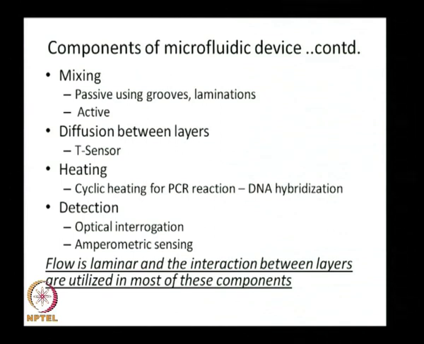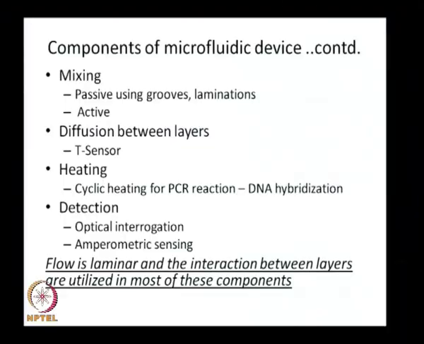There has to be some mixing element inside the chip. In a conventional chemical process, if you have a sample and a reagent, they have to mix. Then there could be heating. Heating is also another important issue. At some point the stream may be heated.